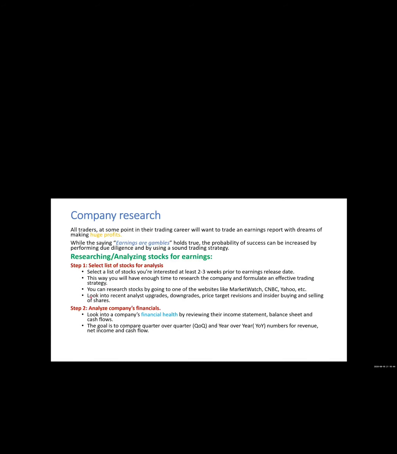And then the next thing that you want to do is look into the recent analyst upgrades, downgrades, price target revisions, insider buying and selling of shares. This information is also available on most of these websites, but it's also available on finviz.com. And if you have a pro platform like Benzinga or Bloomberg, that's also available over there.